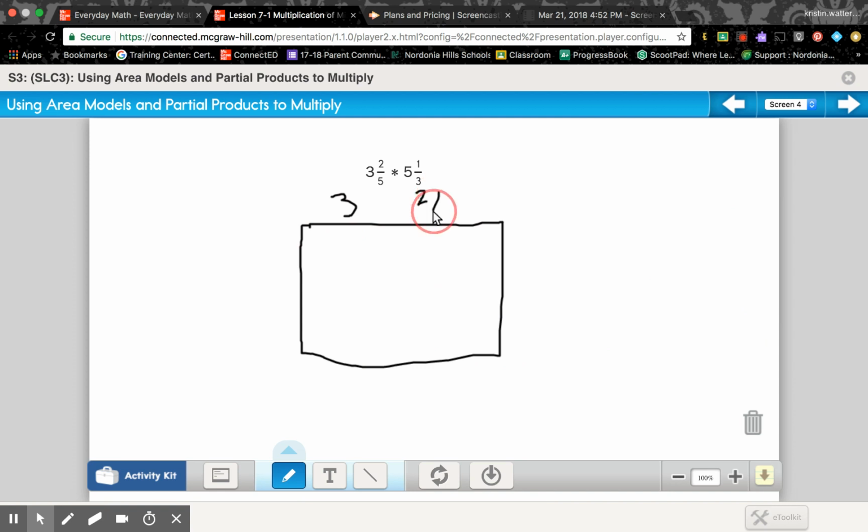You cannot mix up your fractions. And then draw your line. And then your second factor is 5 and 1/3. So you're going to put your 5 on the side vertically over here, and then 1/3. And again, draw a line splitting that up.